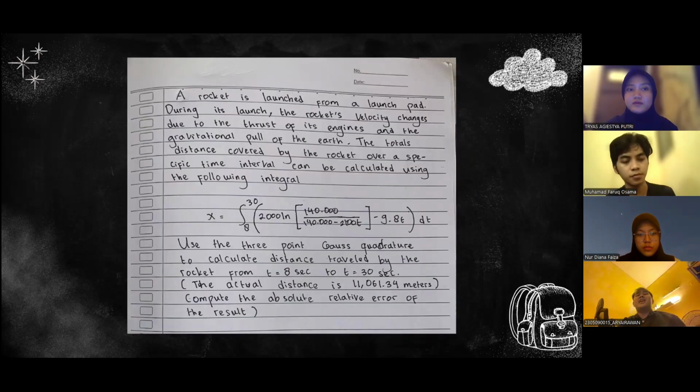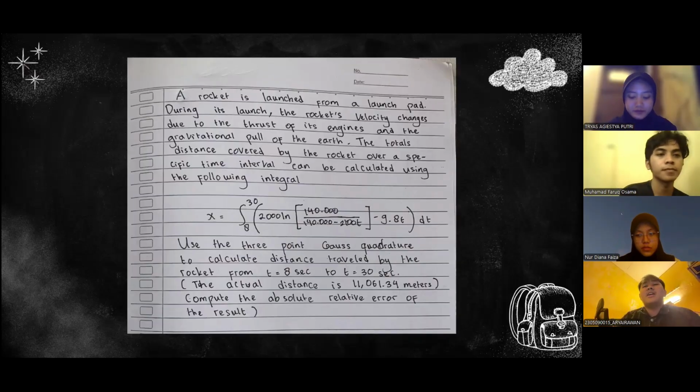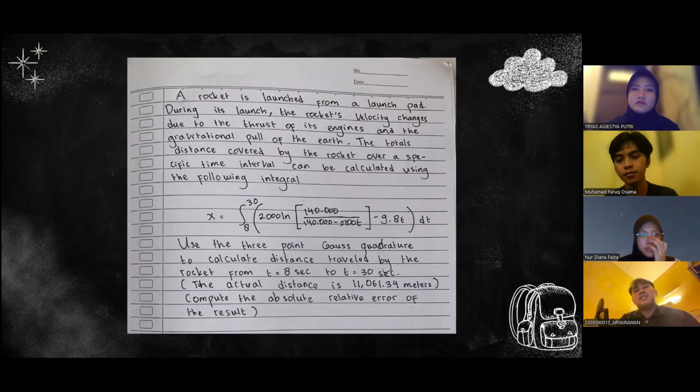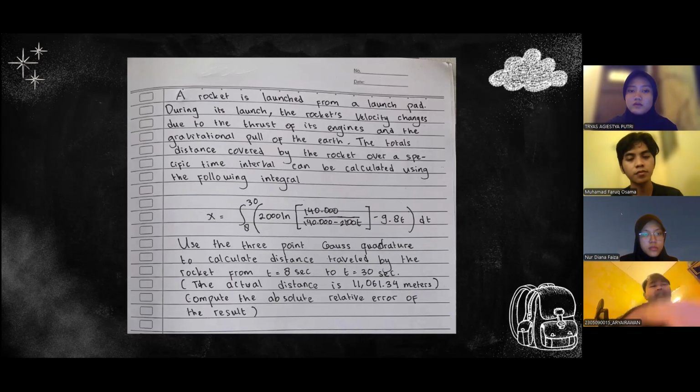Okay, in this section, I will demonstrate the application of the quadrature integral method. We have a problem here where we need to solve an integral. To shorten time, we can see the question here.